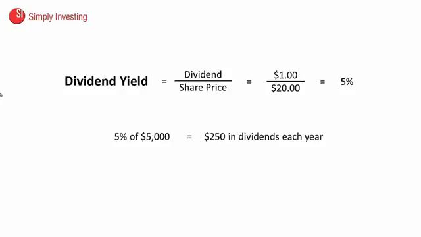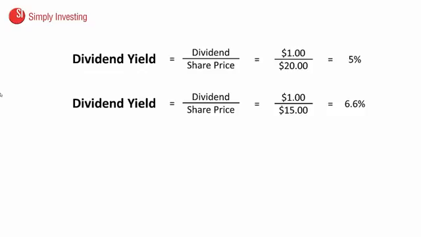Now, regardless of the stock price throughout the year, the stock price can go up or down, but as long as the company continues to pay $1 a dividend and you bought the shares at $20, your dividend yield is going to be 5%. In other words, a $5,000 investment would mean you'd buy 250 shares at $20 a piece. Each of those shares gives you a dividend of $1, which again is $250 in dividends each year.